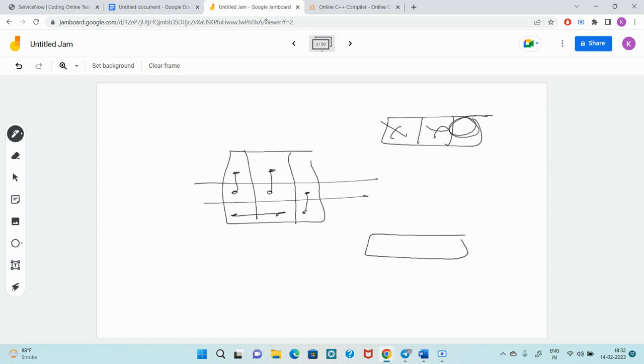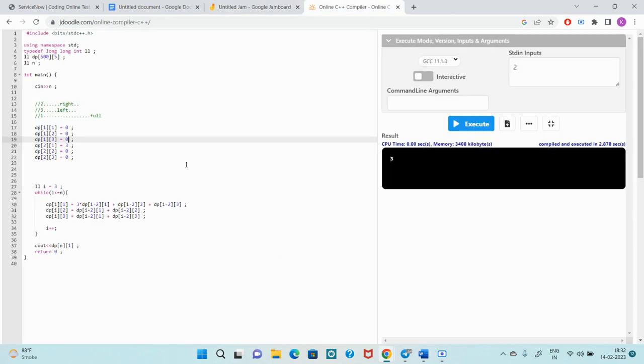So this is DP of 2 of 2. There is only one way to fill this, like this, I think. So guys, DP of 2 of 2 is nothing but 1. Let me write it here. DP of 2 of 2 is nothing but 1, and DP of 2 of 3 is also nothing but 1.